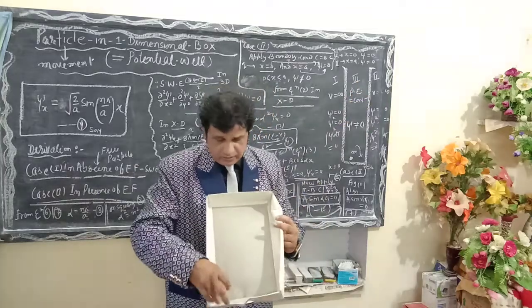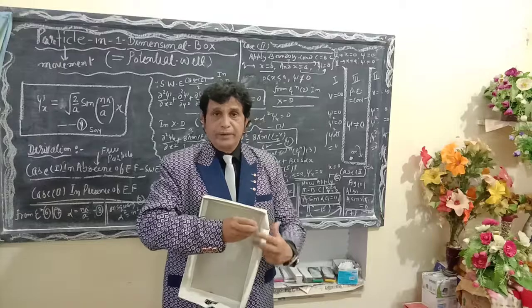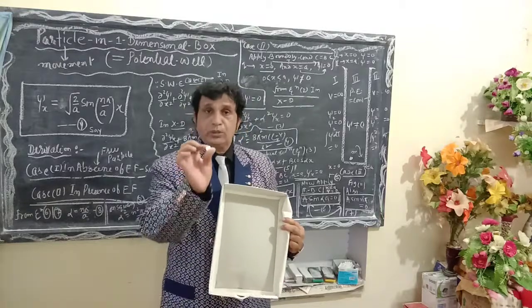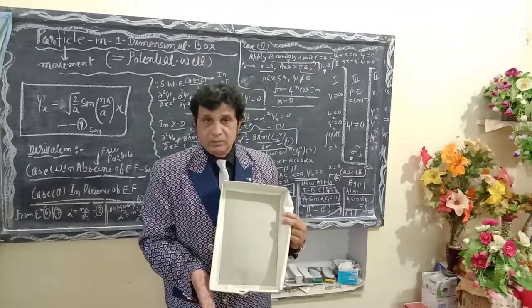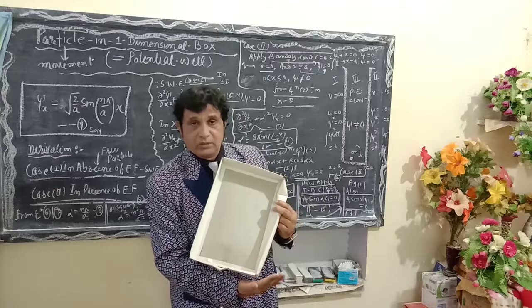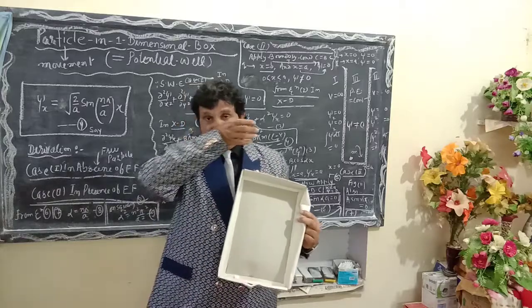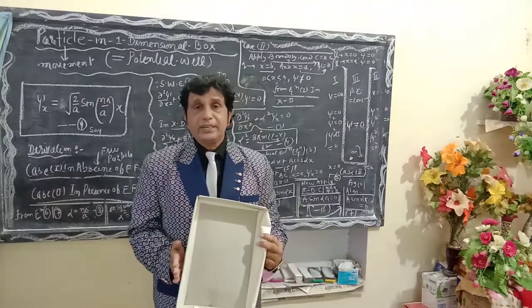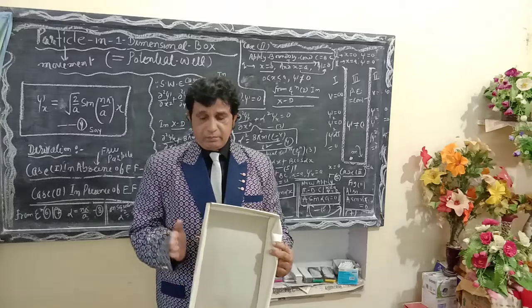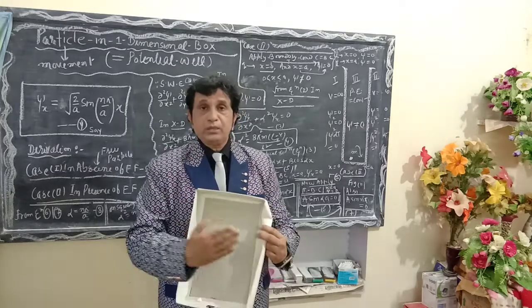The particle is now moving between x equals 0 and x equals a, keeping a distance a. Once again, this potential well is divided into 3 parts: part 1, part 2, and part 3.